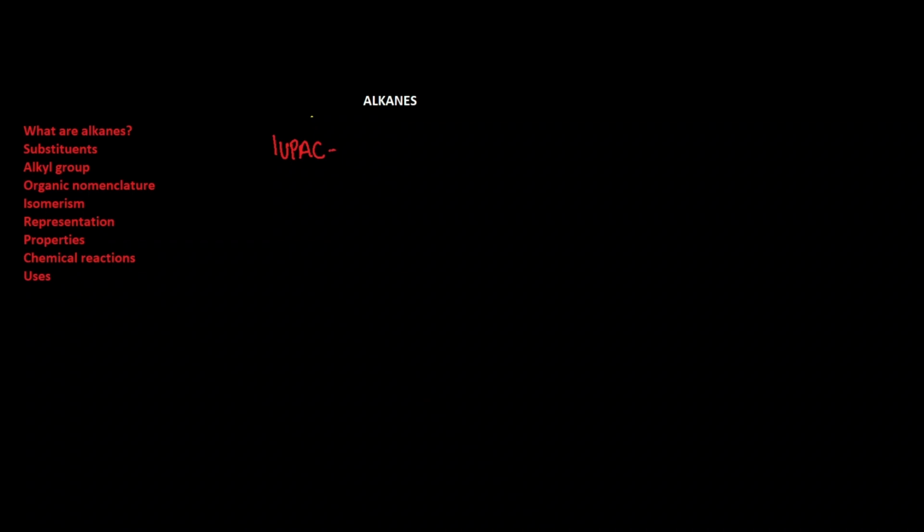This organization has come up with the way in which to name organic compounds. We have the common name. Most of the organic compounds have common names by which they are called, and they also have the IUPAC name, or the scientific name.